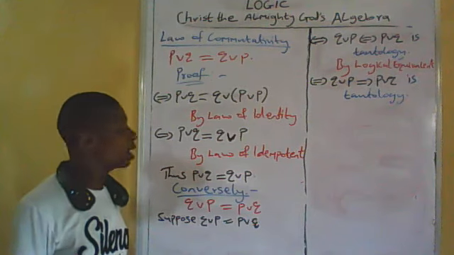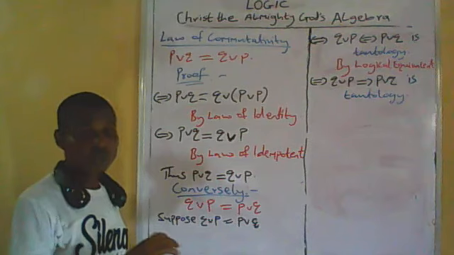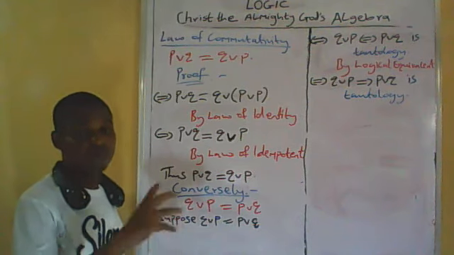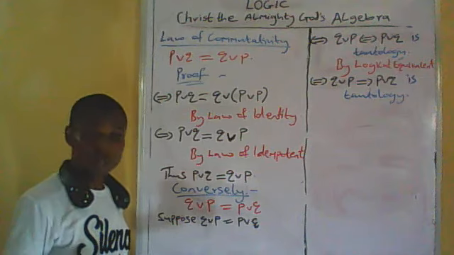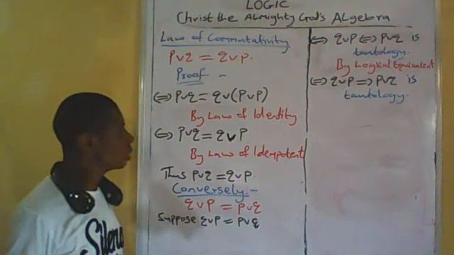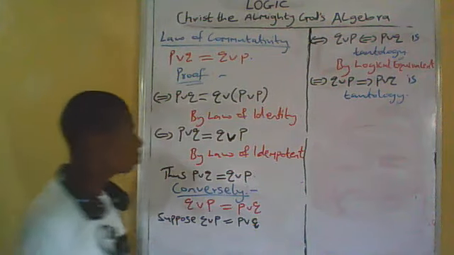Whenever the antecedent is true, the consequent must also be true. If that is the case, we say that the statement is a tautology, being justified by logical implication.